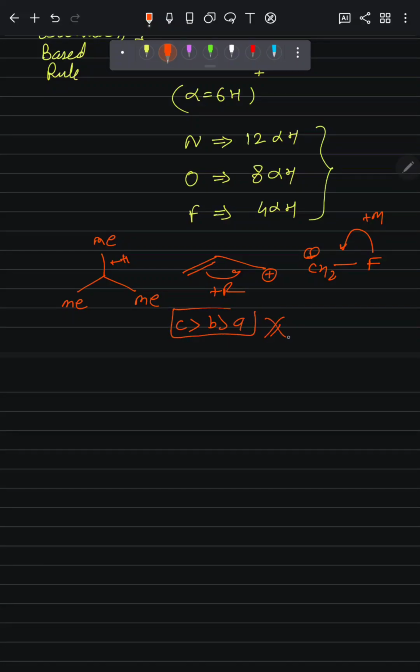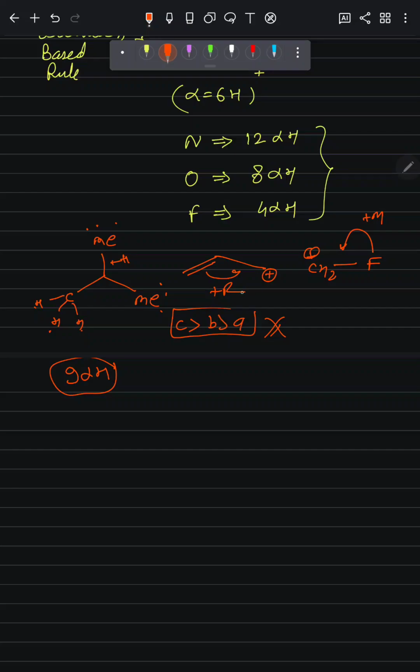But this is a wrong answer, because of this observation rule. The final alpha hydrogen count that we get here: just like here methyl means C and 3 hydrogens are present, so the number of alpha hydrogen is 1, 2, 3 here, 1, 2, 3 here, and 1, 2, 3 here. So 9 alpha hydrogen are present here.